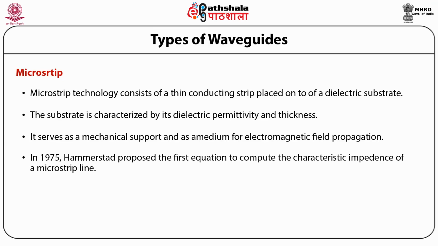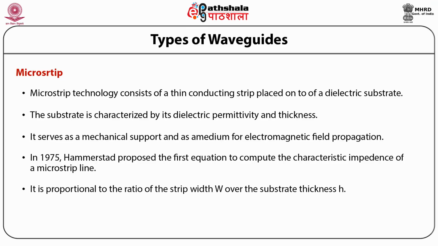In 1975, Hammerstad proposed the first equation to compute the characteristic impedance of a microstrip line. It is proportional to the ratio of the strip width over the substrate thickness.